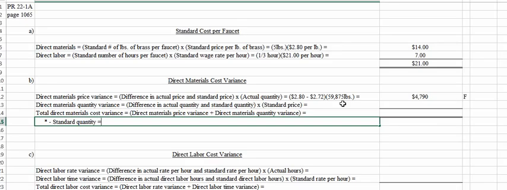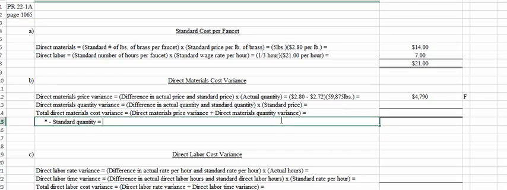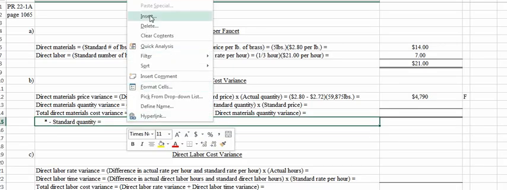Our standard quantity is equal to, let's move this down a row.